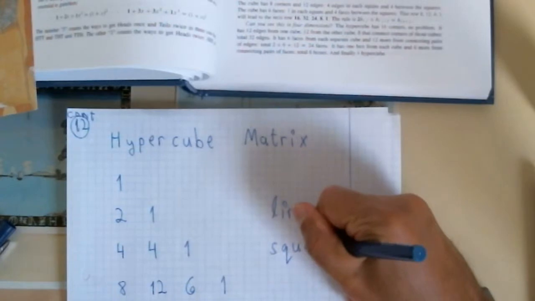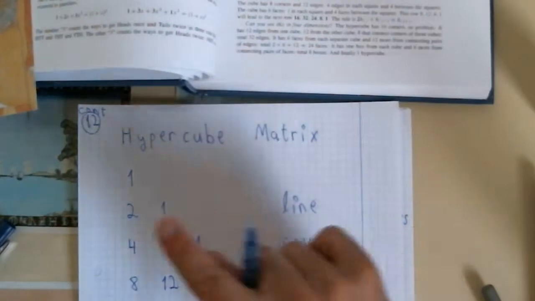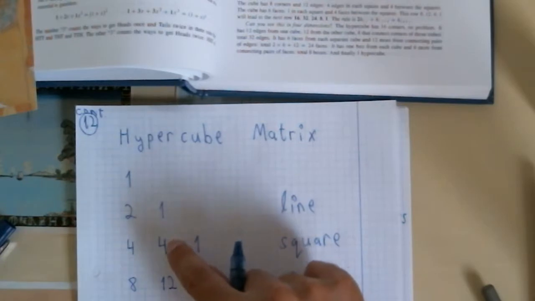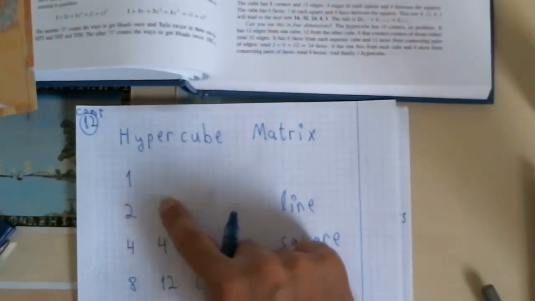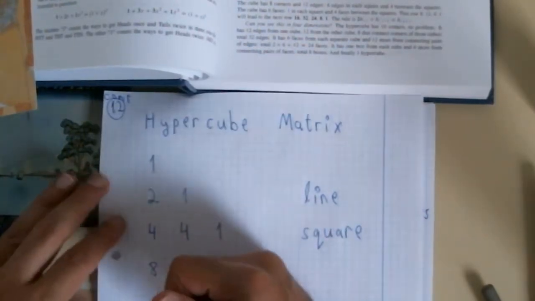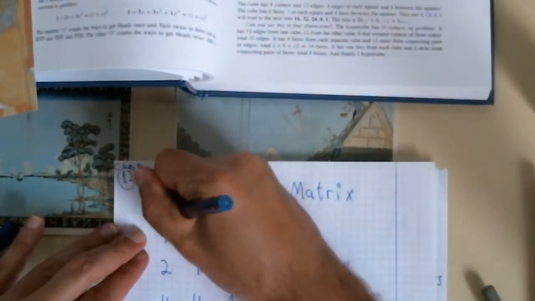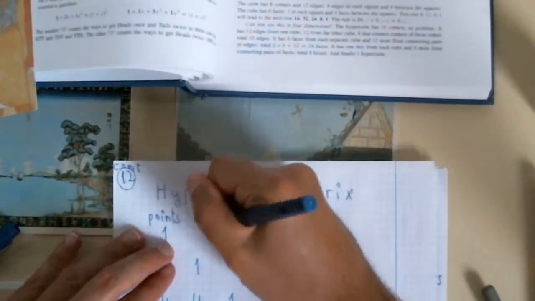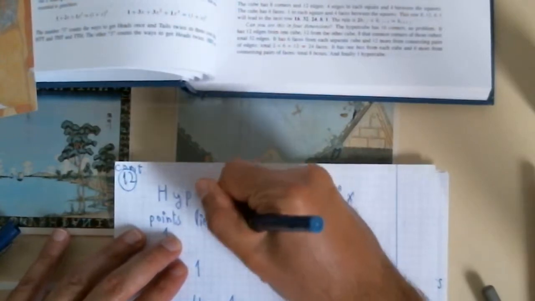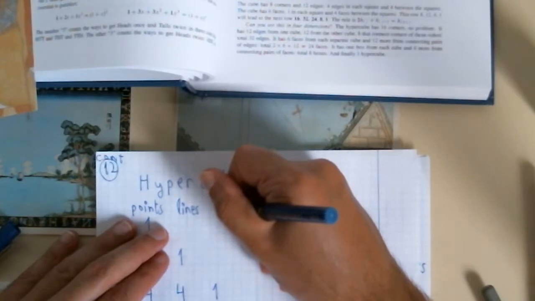Why? Because it has 4 points, 4 corners, 4 vertices. Here it has 4 edges or 4 lines. This column is points. This column is edges or lines. This column is what we call sides.